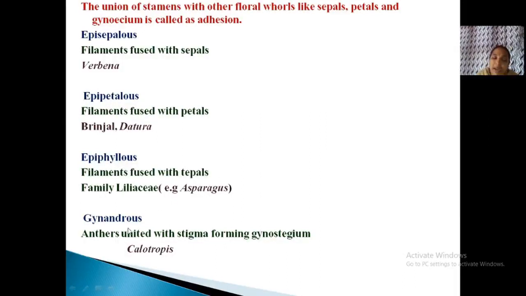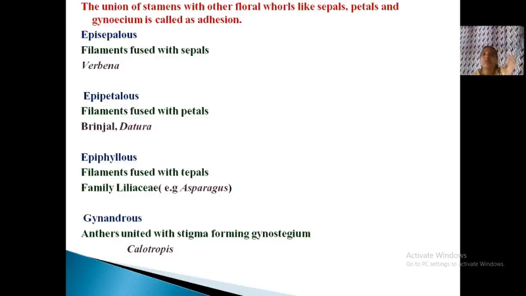Then what is gynandrous? Anthers united with the stigma, forming a structure known as gynostegium. The condition is gynandrous. See, gynoecium and androecium. Anther united with a stigma. This you can see in orchids also, you can see in calotropis also, the plant you know. So, what is meant by adhesion? Fusion of stamens with some other floral whorls like sepals, petals, etc. Episepalous means filaments fused with the sepal.